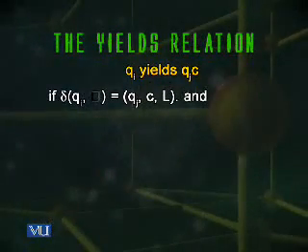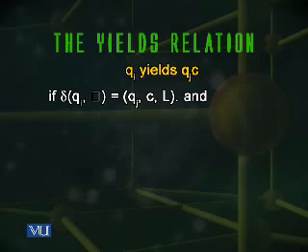Suppose the machine is in the configuration qi and delta of qi comma blank is equal to qj comma c comma left. In this case, the machine is supposed to replace the blank with a c and move to the left. But as we have agreed, if the machine is already on the leftmost symbol, the head will stay at the leftmost symbol.